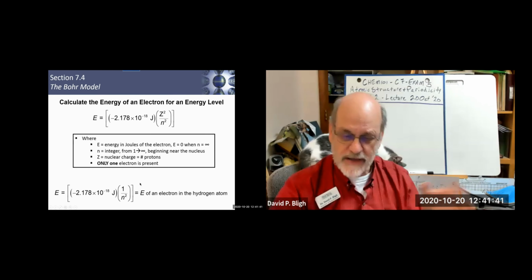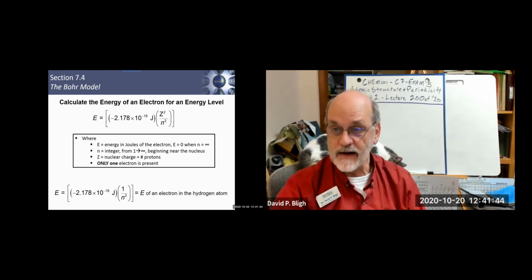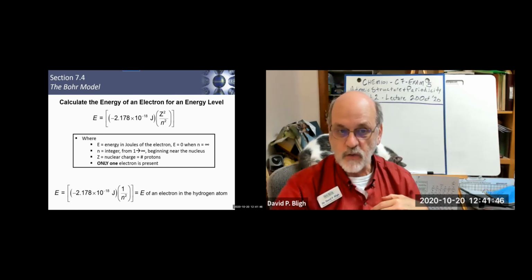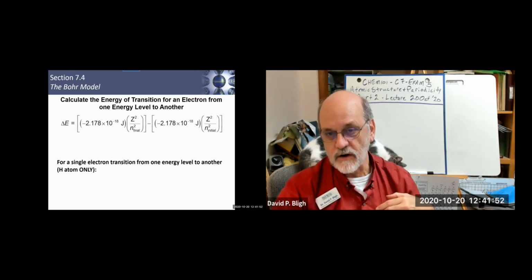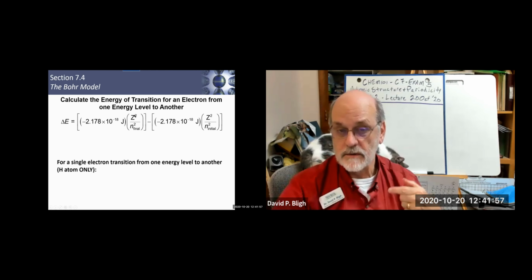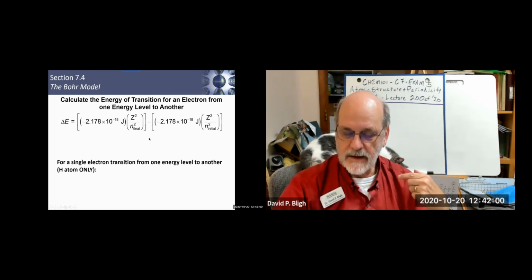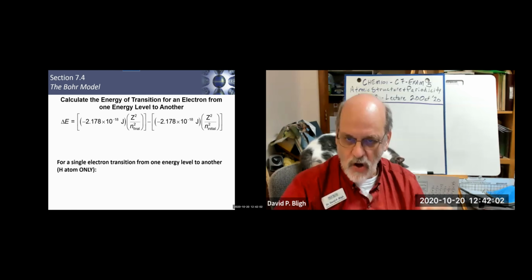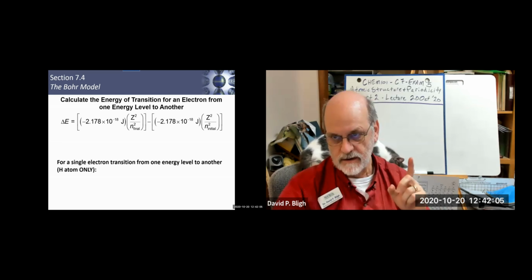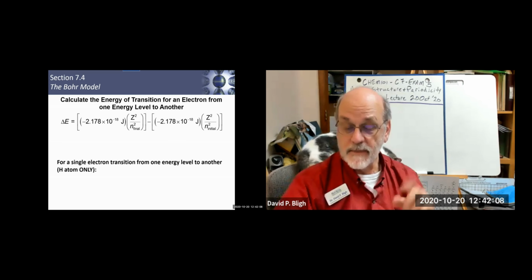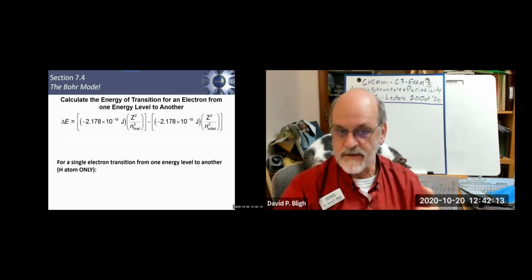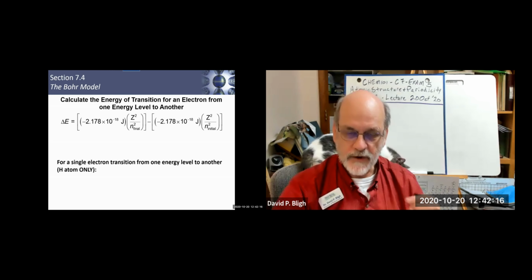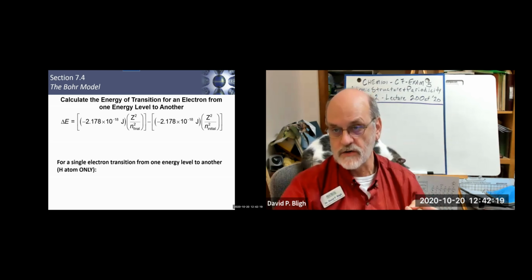But if you want to calculate a transition from one to the other, you need to know the final energy minus the initial energy. And that's why you get the final version here minus the initial version here. And this version actually works for any element as long as it only has one electron. So for everything but hydrogen, you are creating an ion in order to make this equation work. So for helium, it would be a +1 charge.